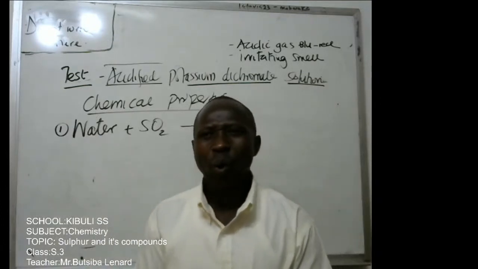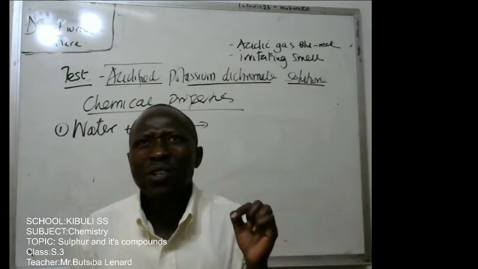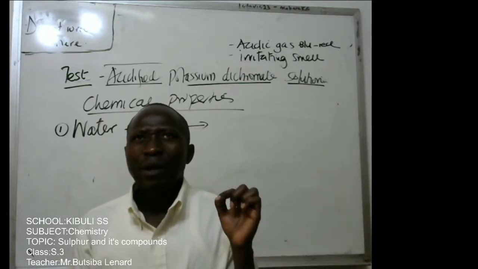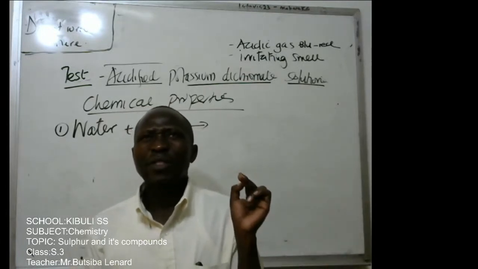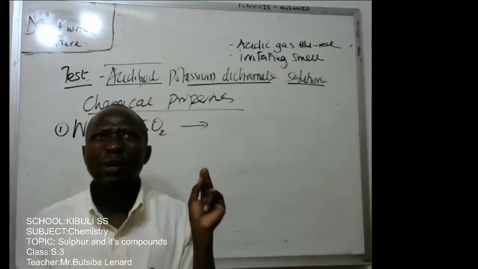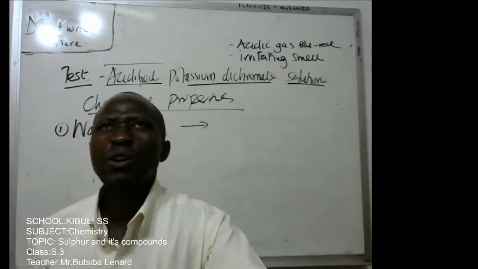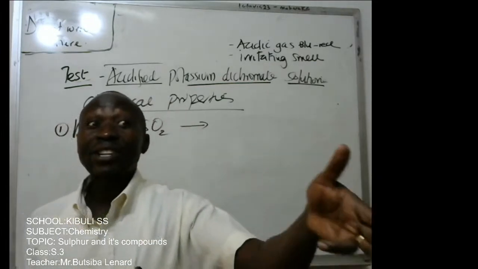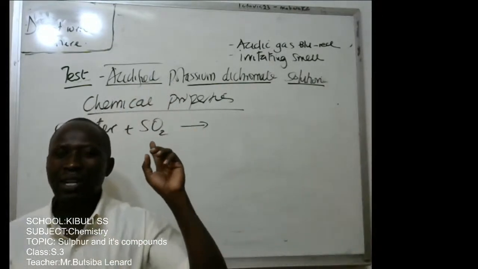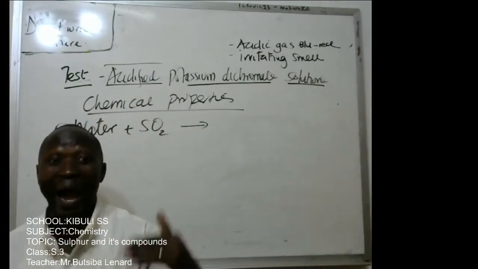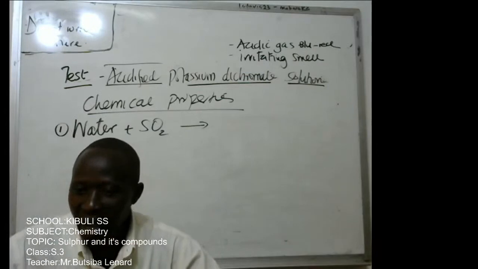Wonderful. What were those acidic oxides? Carbon dioxide was one of them. Sulfur dioxide, sulfur trioxide, nitrogen dioxide. And what name do we call them? Acid anhydrides. What is an acid anhydride?